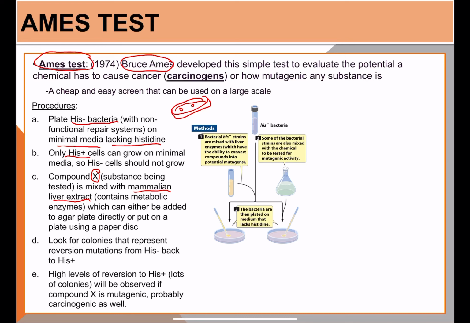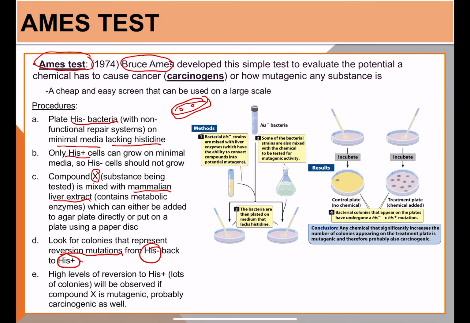So you would look for colonies that represent reversion mutations from your histidine mutant form into your histidine wild type form, okay? So if you see a lot of colonies forming within your compound treated bacteria, that means a lot of mutation has happened and a lot of reversion happened to the bacterial cells, that it has gone from histidine minus to histidine plus.